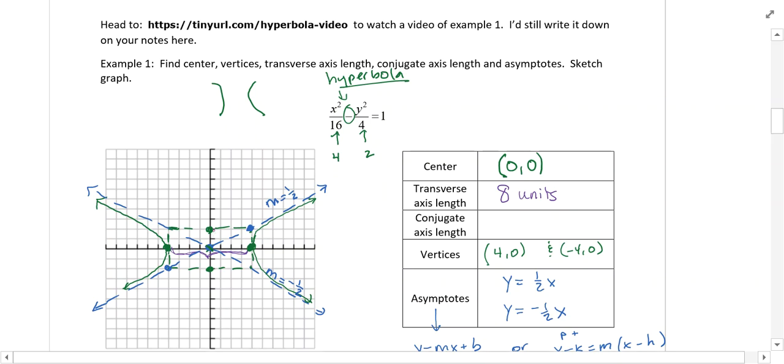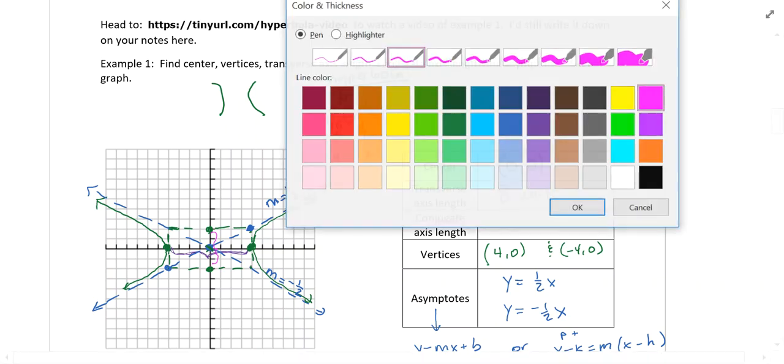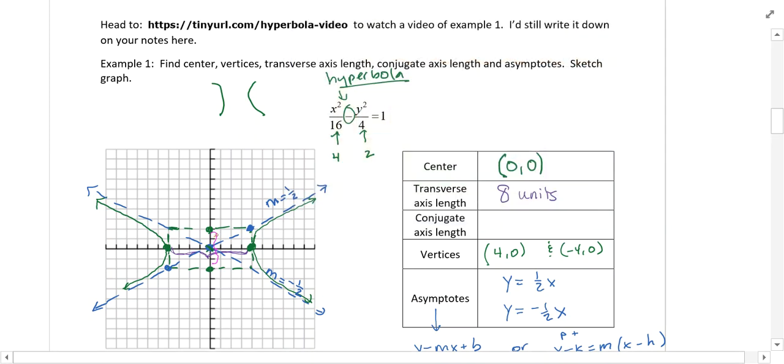I'm going to do that in a different color, orange. So that conjugate axis is 2 above and 2 below, which is a total of 4 units.